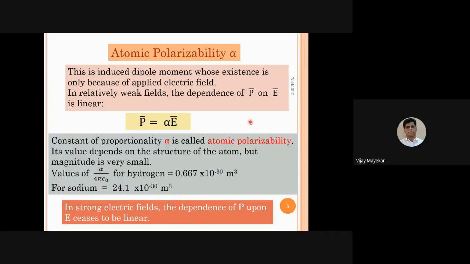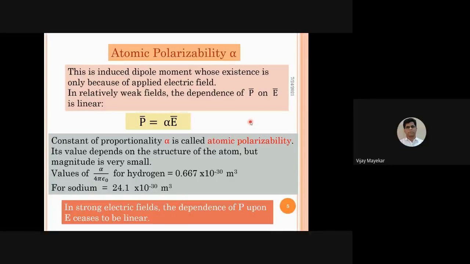Now here we have to quantify the behavior of this atom. The quantification is done in terms of atomic polarizability alpha. Right now we are doing it for the atom, then we move on to molecules, then to the grain. You may be finding it a little easier, but from now onwards we are getting into the details of the dielectric behavior.